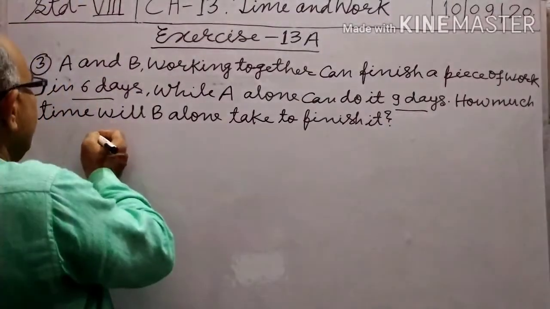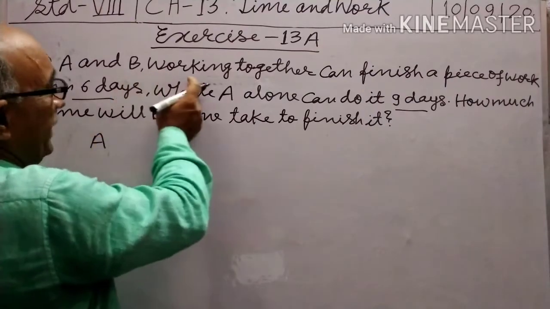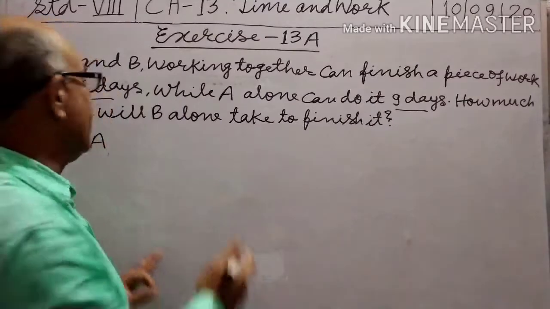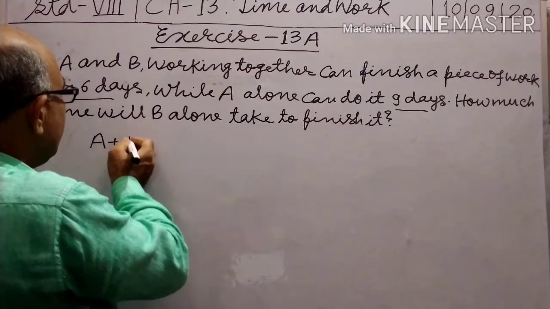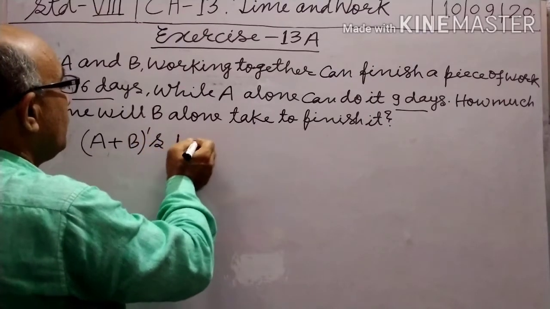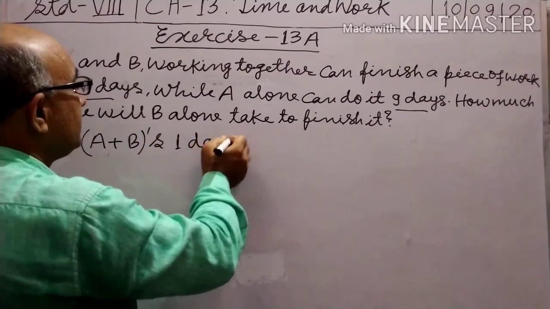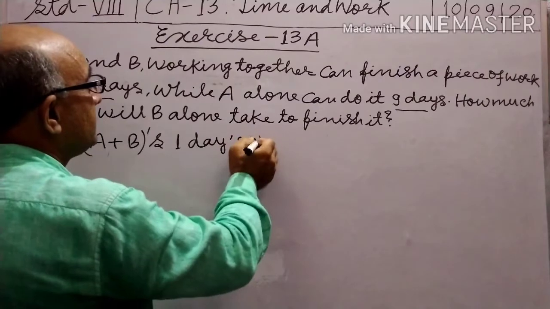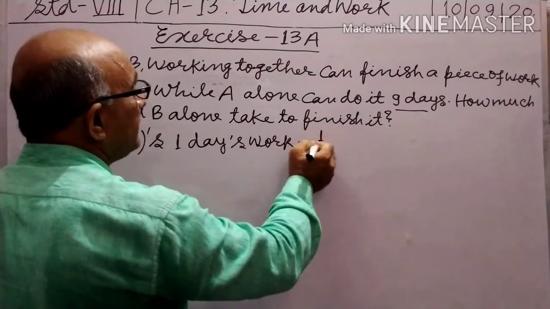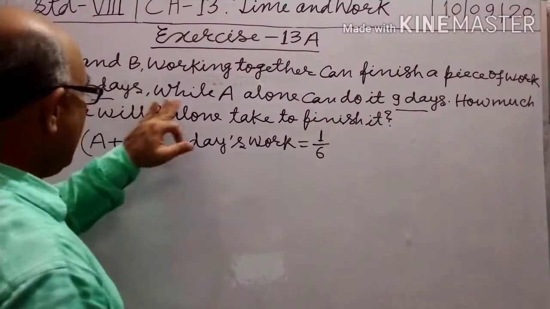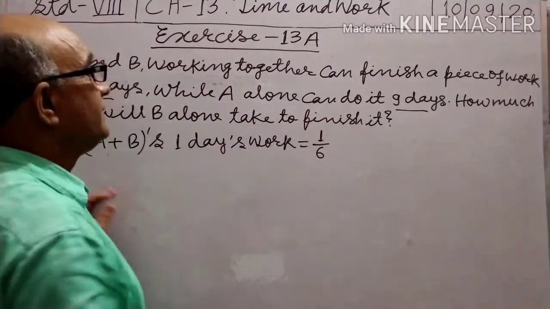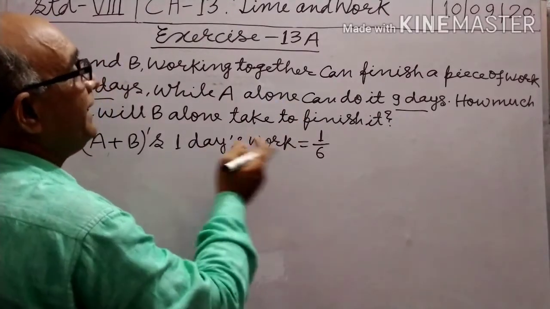Here, A and B working together can finish a piece of work in 6 days. So A plus B's 1 day's work equals 1 by 6. And A alone can do it in 9 days.